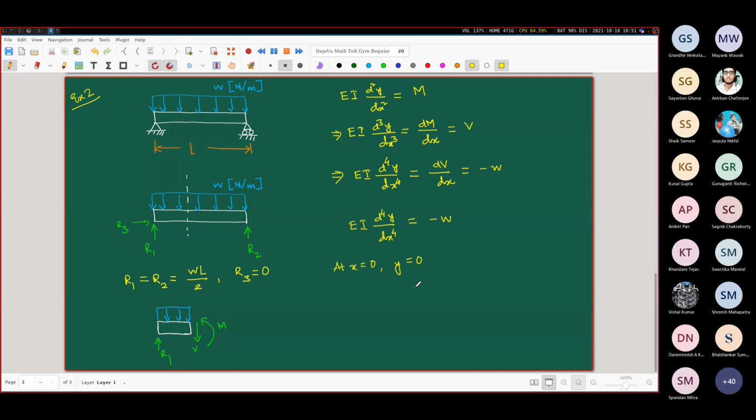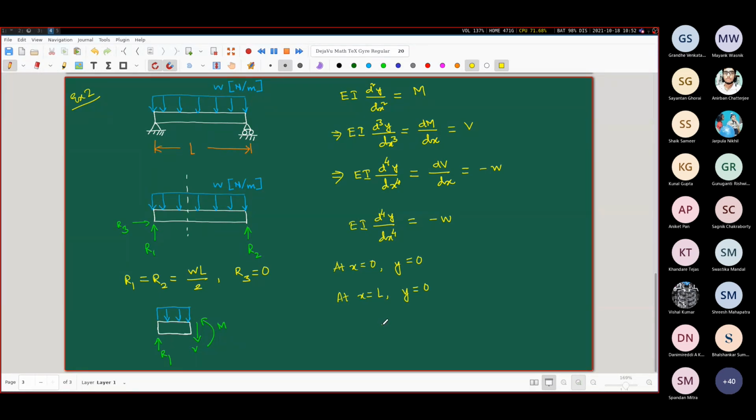At x equal to L, y equal to 0. Next, what can I write? At L by 2, dy/dx is going to be equal to 0.